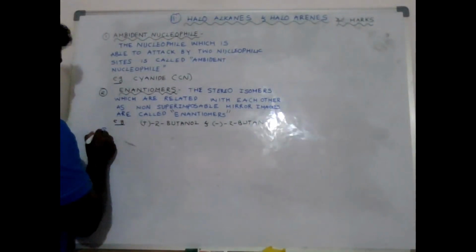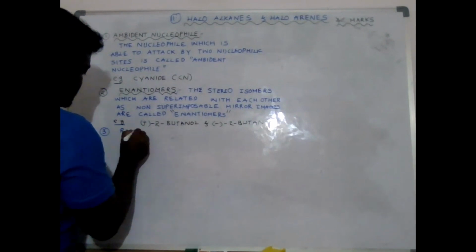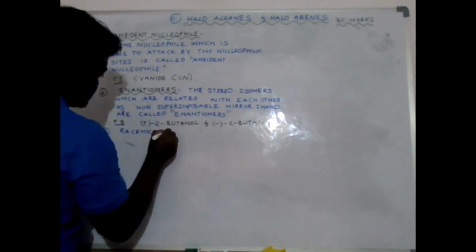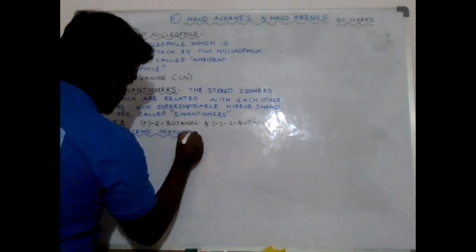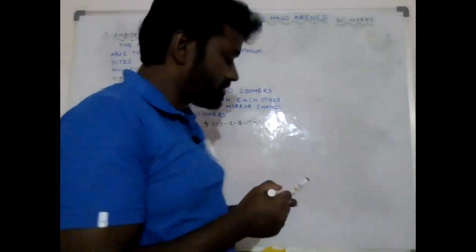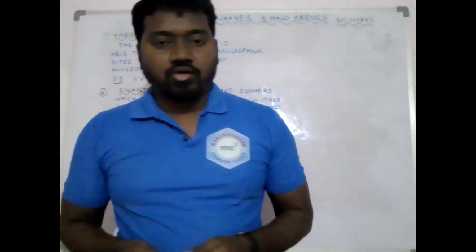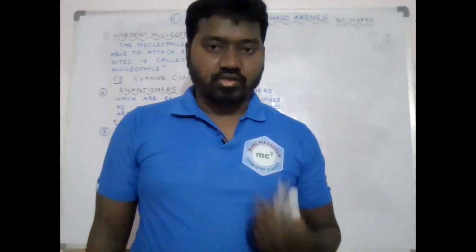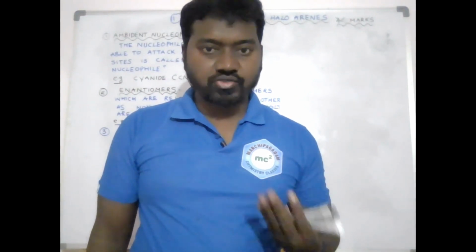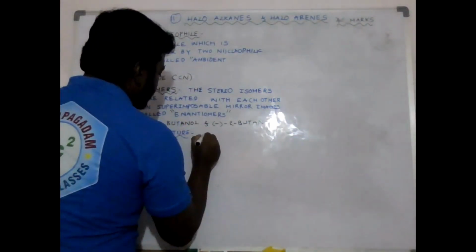The third important one is racemic mixture. What is called a racemic mixture?